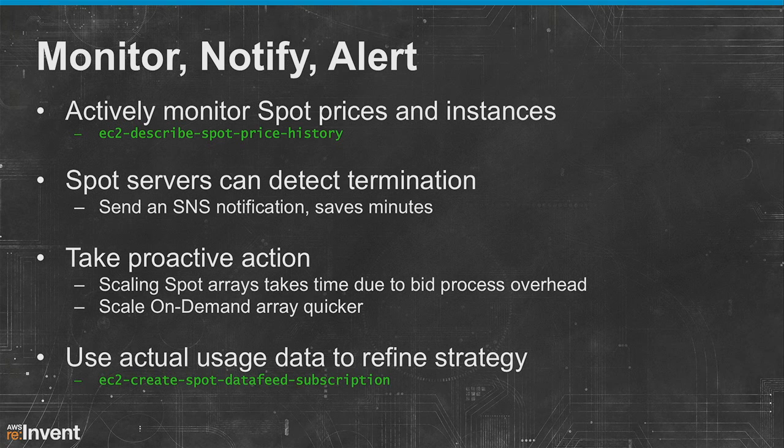You can do this over a weekend. It's as fast as creating a second array and plugging it into a load balancer. If it doesn't work out for you, you can take out that array, right? So you can test these things very quickly. There's not really a big barrier to getting going with it.